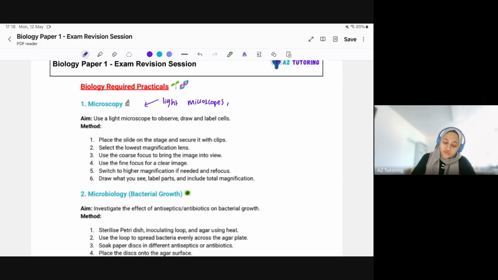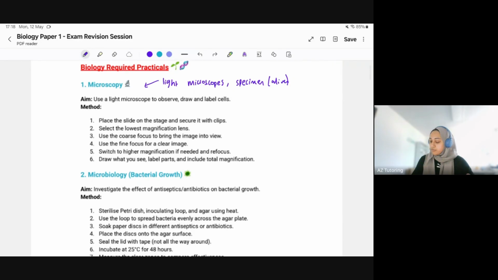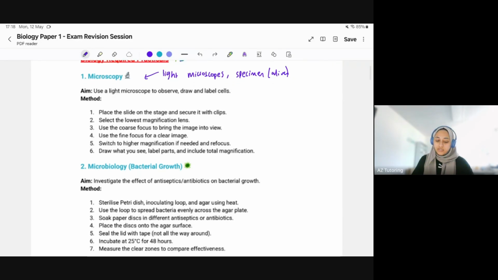With the light microscope, we can have a specimen that's alive, whereas with the electron one, it has to be a dead specimen. So that can be a con. With the light microscope, you also need to know how to calibrate the machine, how to prepare the slide, and so on. I've got a practice exam question which we'll go over for this as well.